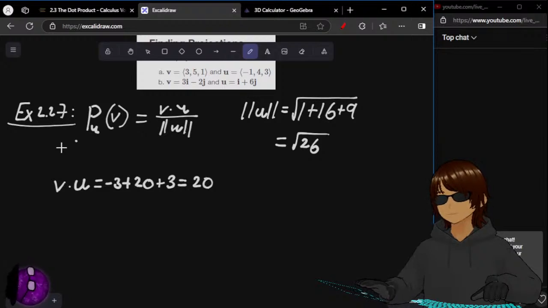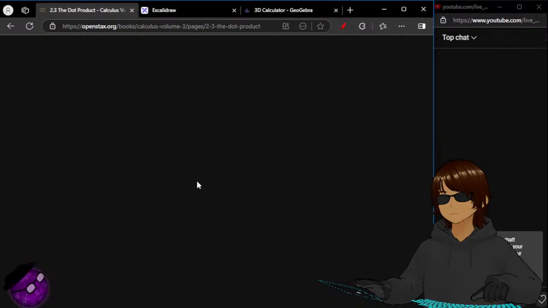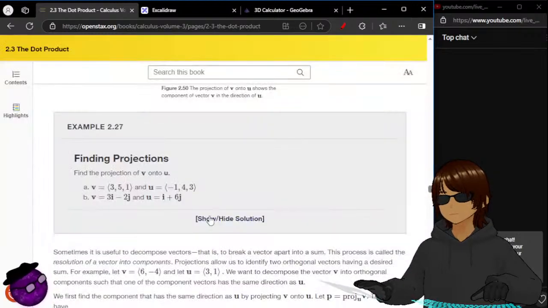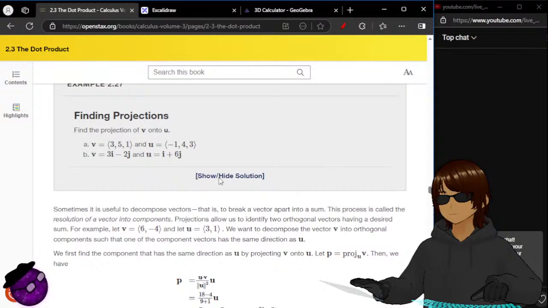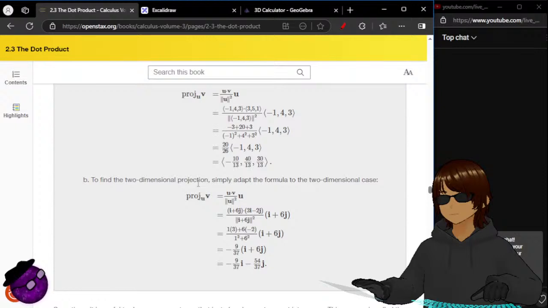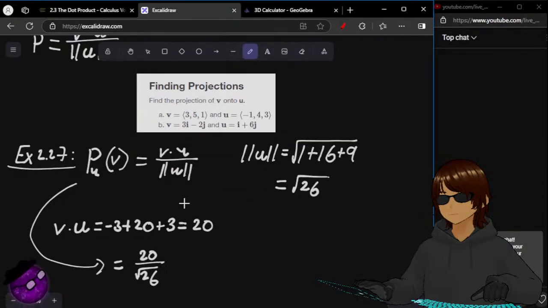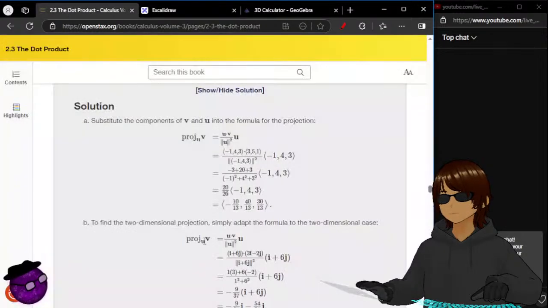So this here is equal to 20 over root 26. Wait, 20 over root 26.